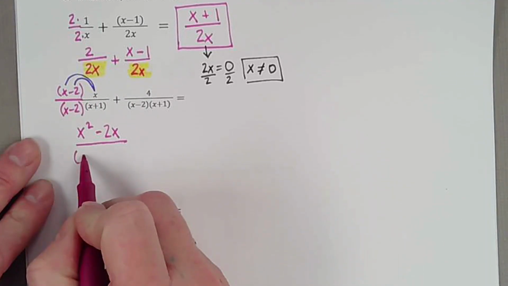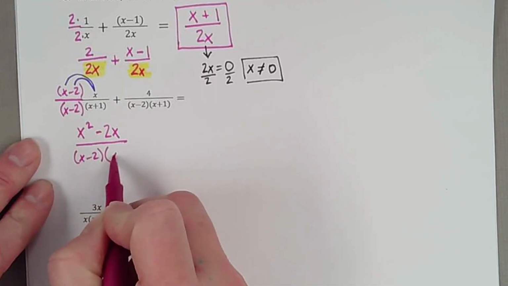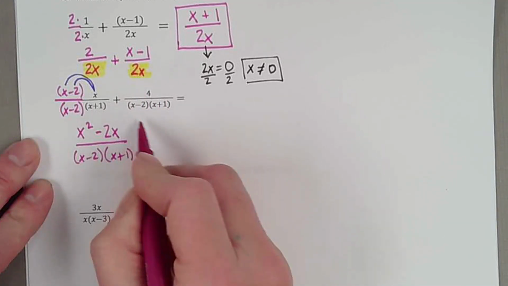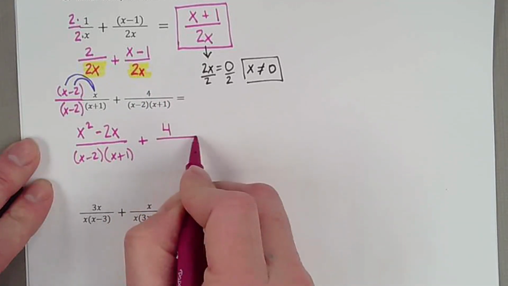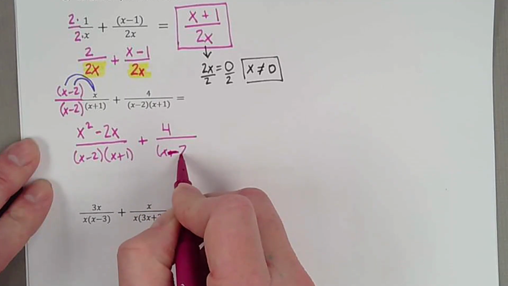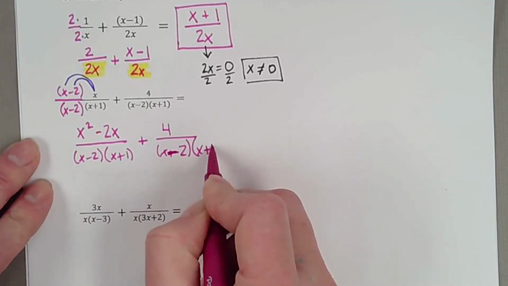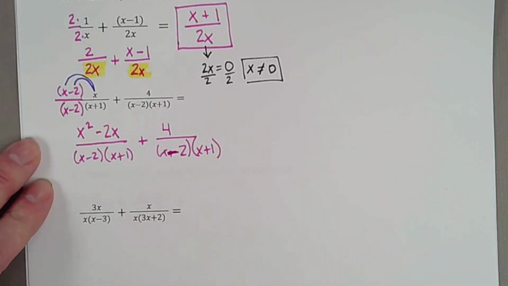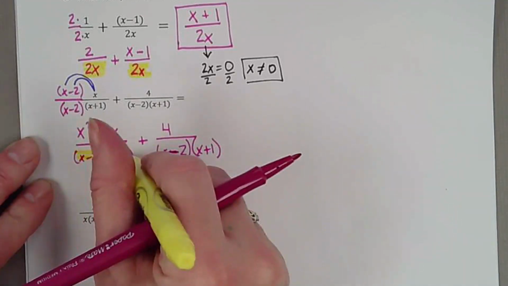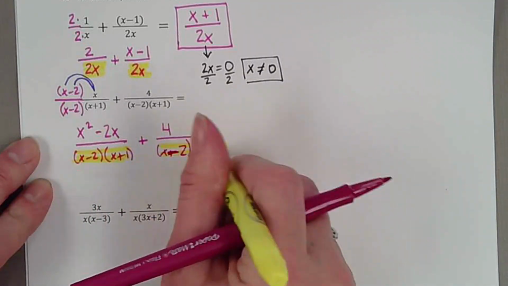On the bottom, I have an x minus 2, and I have an x plus 1. And I have my plus sign. On this fraction, I didn't do anything to it, so I'm writing it exactly like it was. Ooh, that's a minus 2. And now my denominators match, right? I have a common denominator on both fractions.